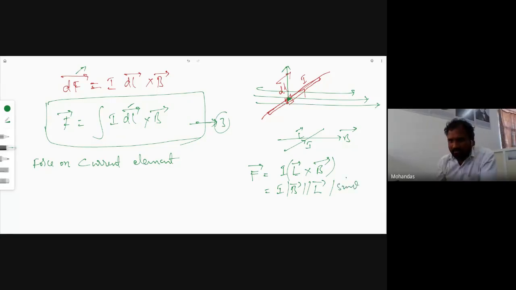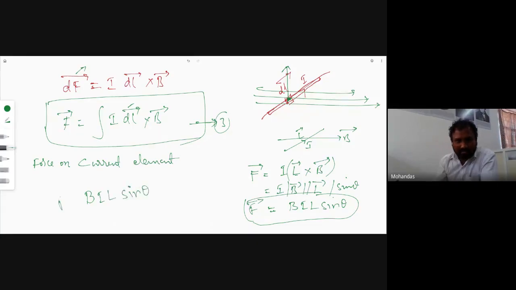So B into I into L sin theta. Have you seen this equation anywhere? B I L sin theta. The magnitude of force equals B I L sin theta. If you write F here, you have to write the unit vector an.